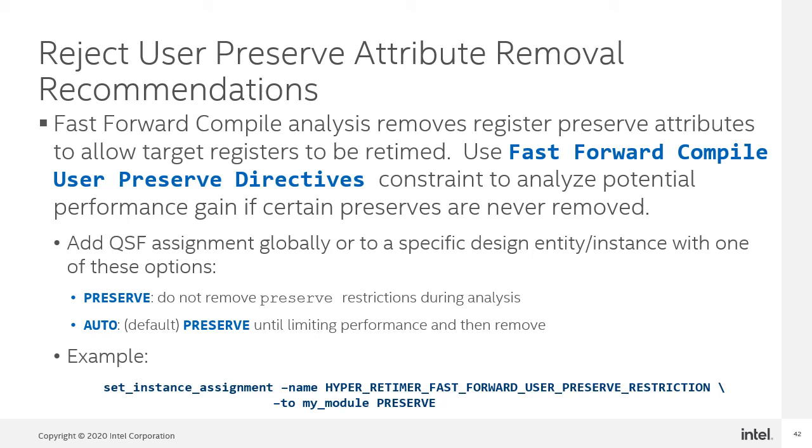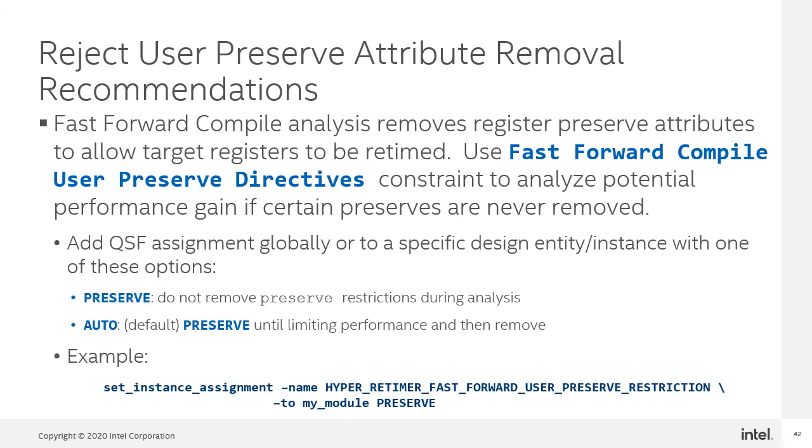By default, the preserve, don't touch, and keep synthesis attributes serve as barriers to retiming. During fast-forward analysis, these attributes may be removed if they are found to be a barrier to a higher performance. If select instances of these attributes cannot be removed so that showing you performance numbers without them is useless, you can control this fast-forward behavior using the fast-forward compile user preserve constraint.